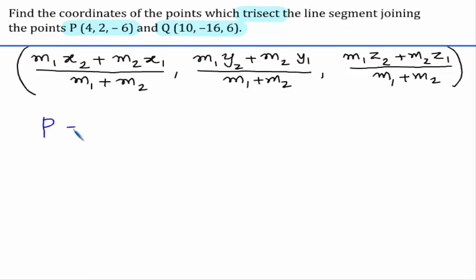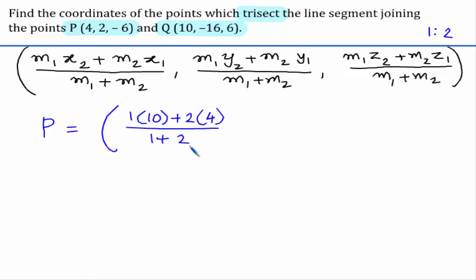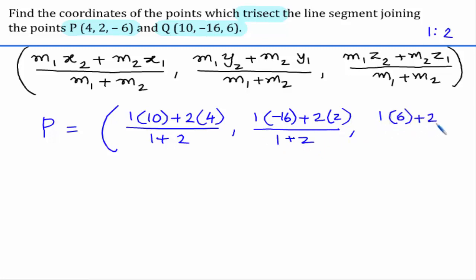Now let us find out the first point, and the ratio is 1:2. Now 1 into 10 plus 2 into 4 by 1 plus 2, and 1 into minus 16 plus 2 into 2 by 1 plus 2, and 1 into 6 plus 2 into minus 6 by 1 plus 2.